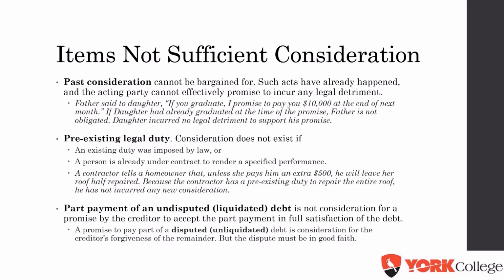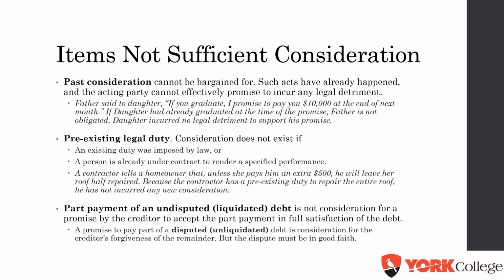So simply this third category of items that are not sufficient for consideration are in the case of a debt that already has been undisputed. So it's essentially a loan that was already made and the creditor already essentially has proven that they are the ones that are the valid recipients of payment of the debt.